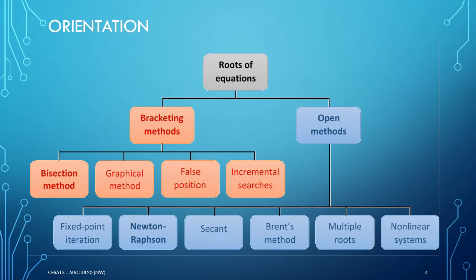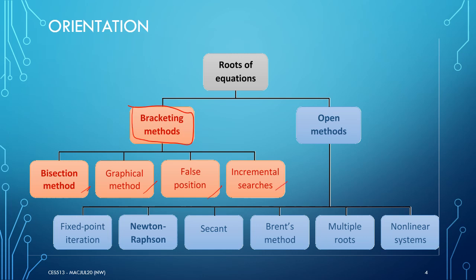Further, I would like to bring you back to the introduction of this chapter, on the methods for finding the roots of equations. Basically we have two different methods. One is the bracketing methods, consisting of the bisection method, graphical method, false position, and incremental search.